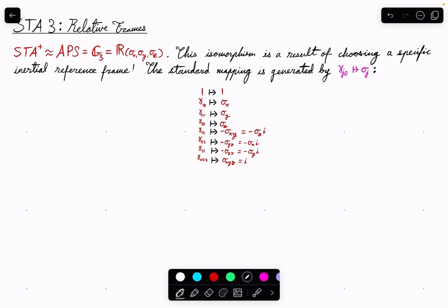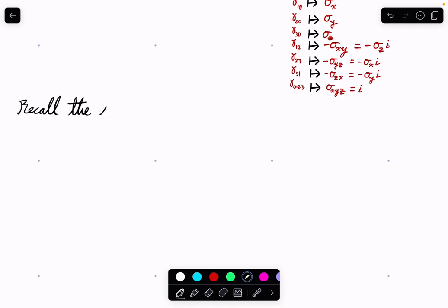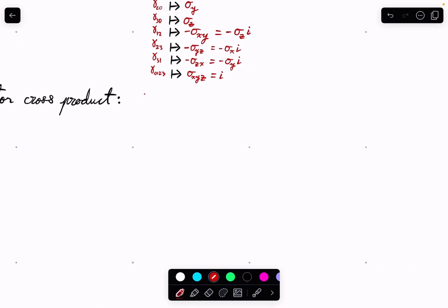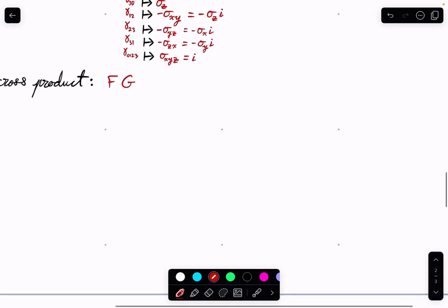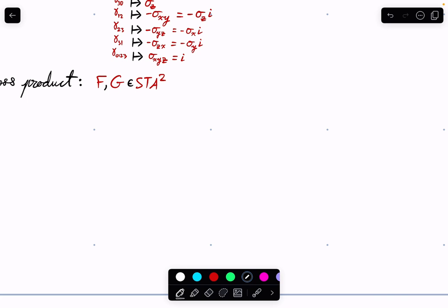Now let's look at the bivector cross product. If we have f and g in the 2 grade subspace, then that means they are bivectors.